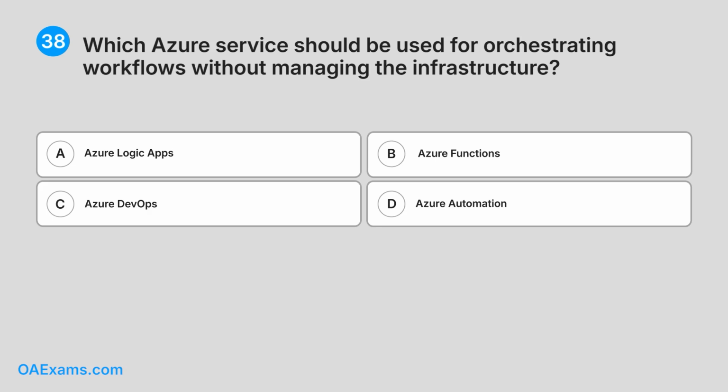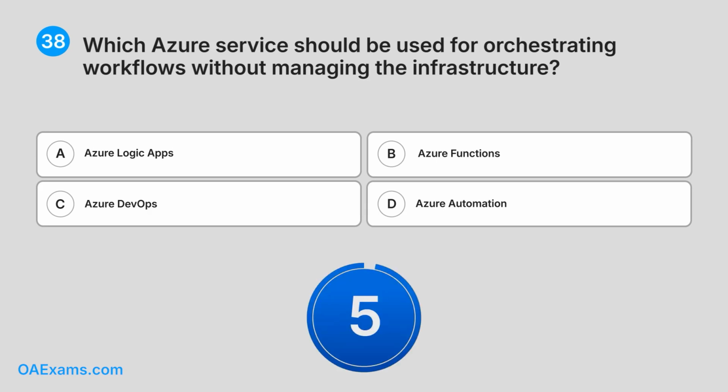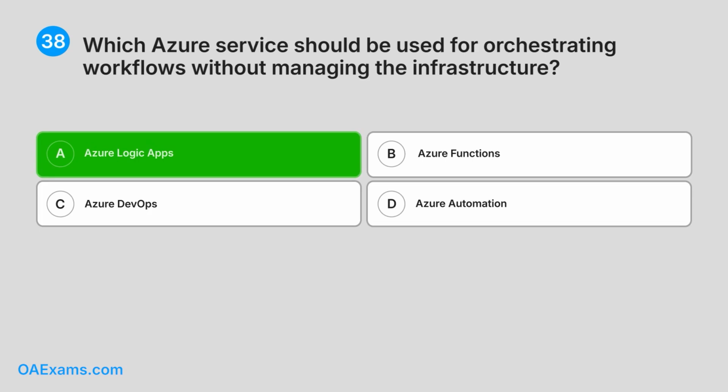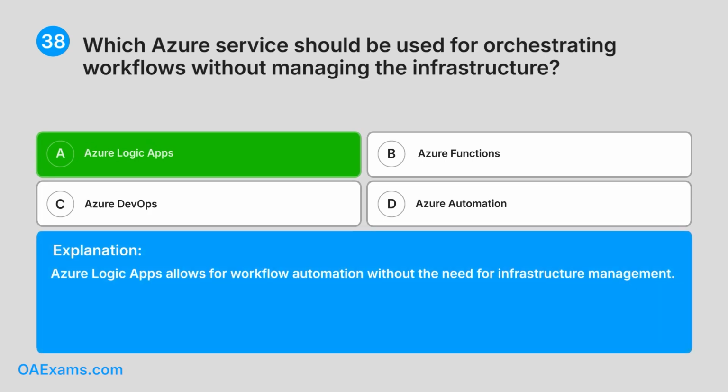C. Azure DevOps. D. Azure Automation. What do you think is the answer? Correct. Answer A. Explanation. Azure Logic Apps allows for workflow automation without the need for infrastructure management.